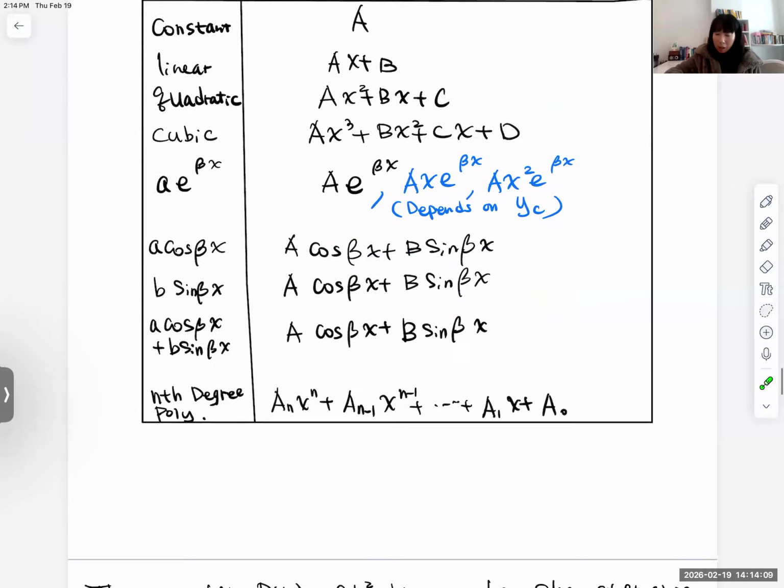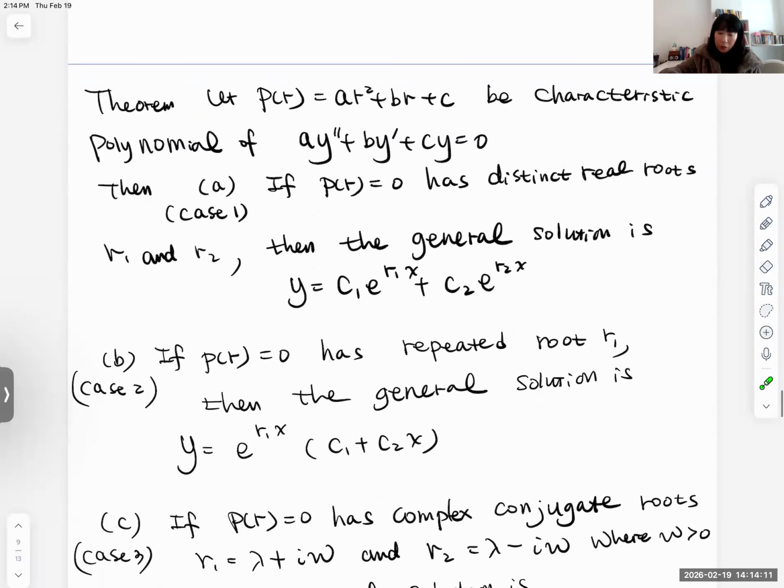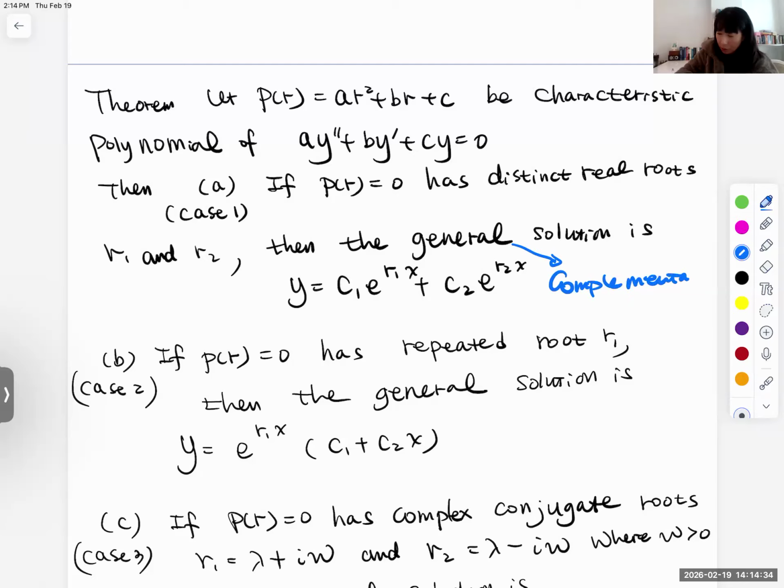Okay, good. Once again, what is called the general solution previously, right? But then this will be the complementary solution, yeah?